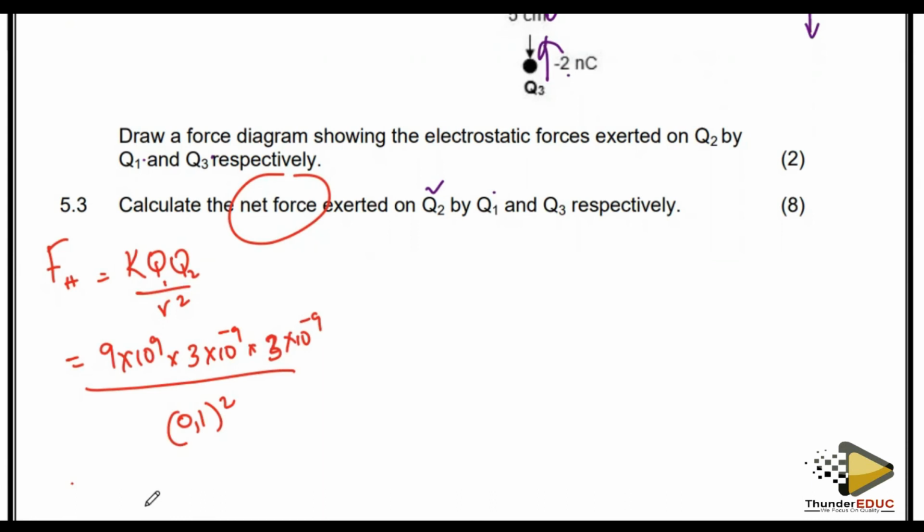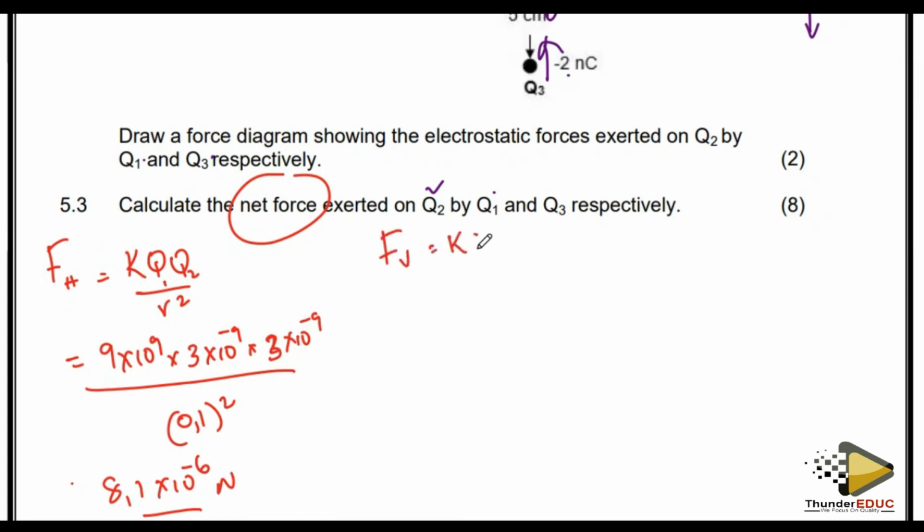Then I just need to put that into my calculator. 9 times 3, and then I'm dividing it by 0.1 squared.